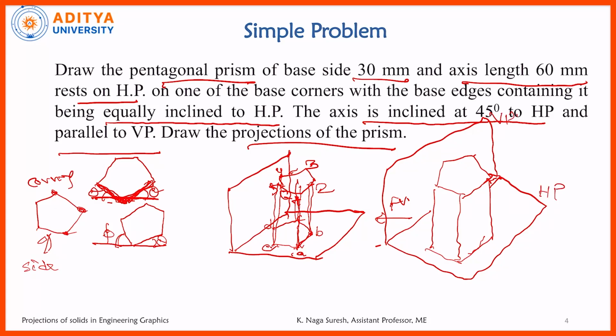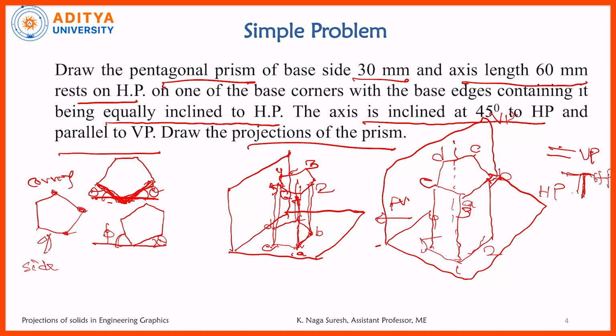Let us imagine the top plane A, B, C, D, E, and this is 1, 2, 3, 4, 5. How we can draw this prism by using AutoCAD software, we will learn. This is the first stage. These are the axes of the prism, where the axis of the prism is parallel to VP and perpendicular to HP.